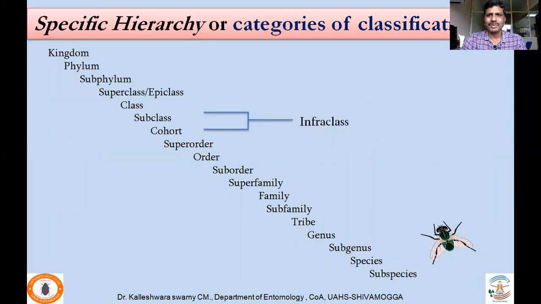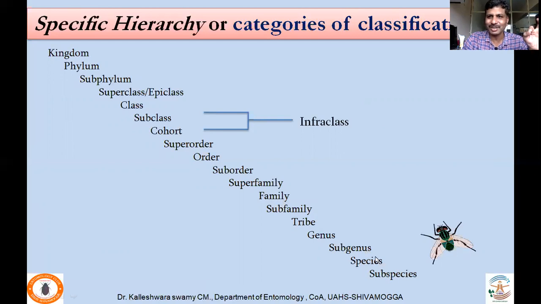But if you specifically look into the detailed classification, in fact, it consists of 18 or 19 categories. Okay, kingdom, phylum, subphylum, superclass, sometimes also used epiclass, class, subclass, cohort. In between the subclass and cohort, sometimes we use another category called the infraclass, then superorder, order, suborder, superfamily, family, subfamily, tribe, genus, subgenus, species.